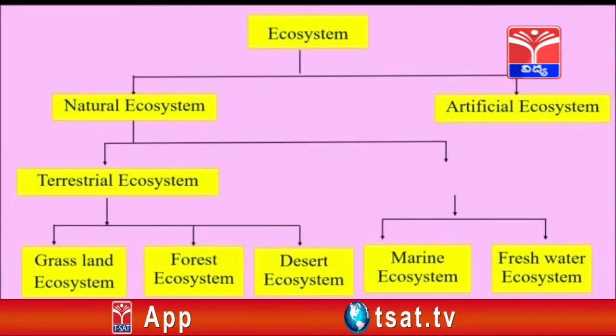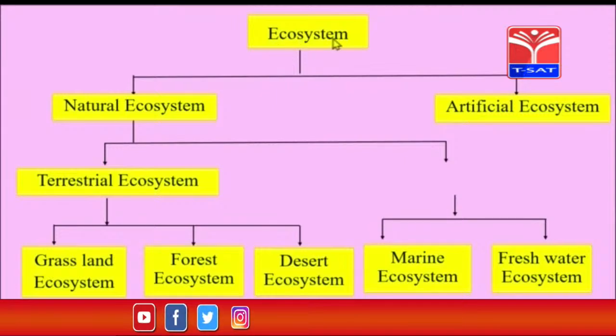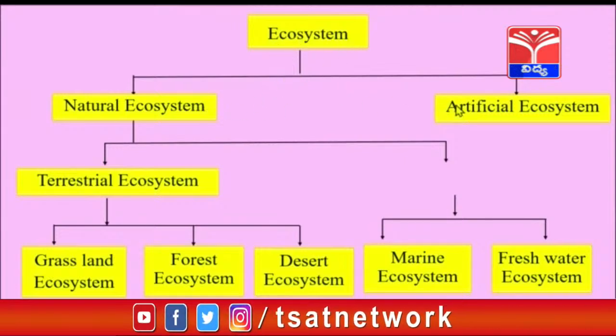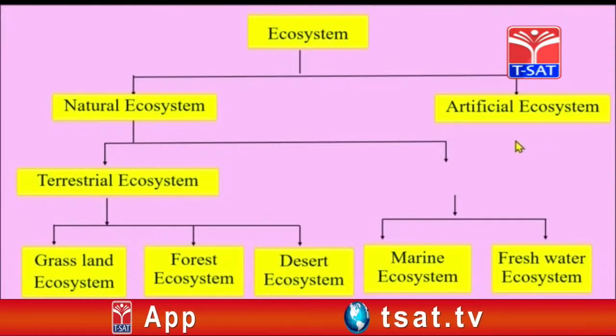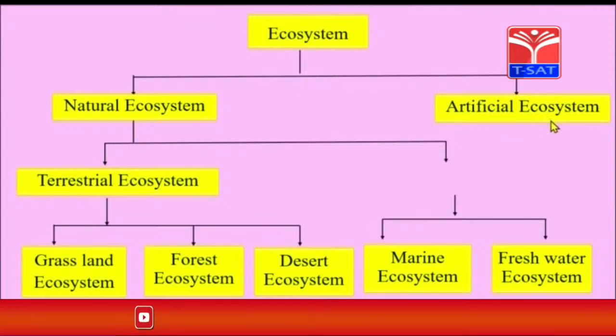If we look at the classification of an ecosystem, an ecosystem is of two types: natural ecosystem and artificial ecosystem. An artificial ecosystem is the ecosystem that is made by man. So a man-made ecosystem is called an artificial ecosystem. For example, a garden.